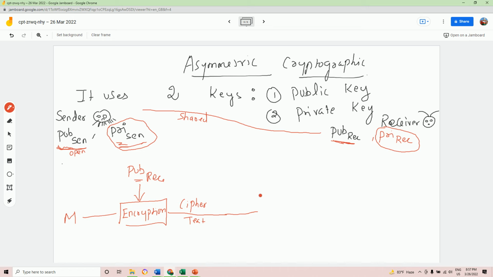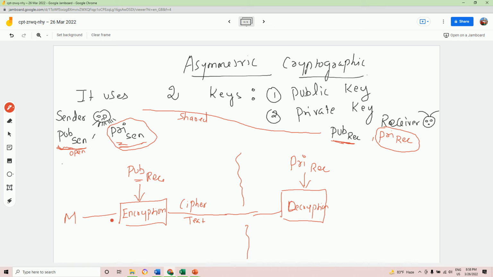Now you are sending this to the receiver. Now the receiver does the decryption. The decryption he does using his private key of the receiver.